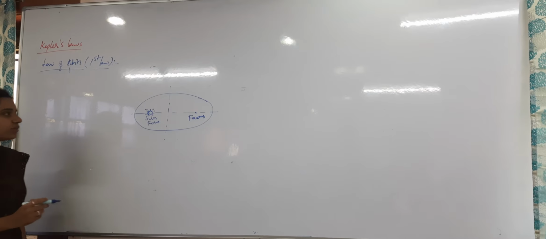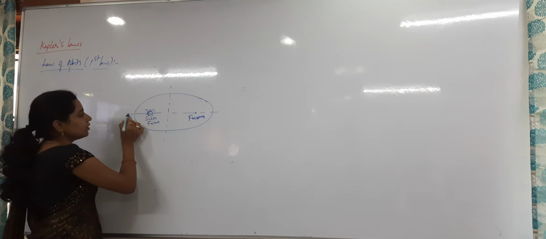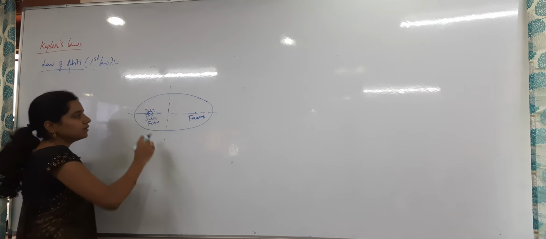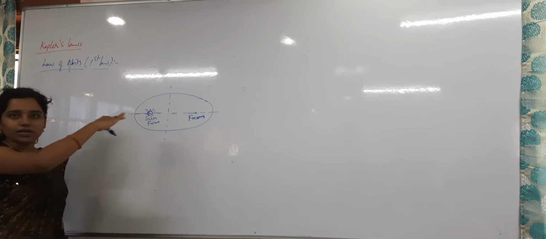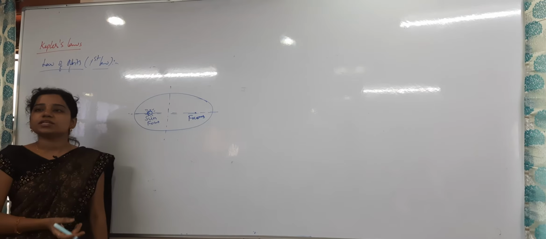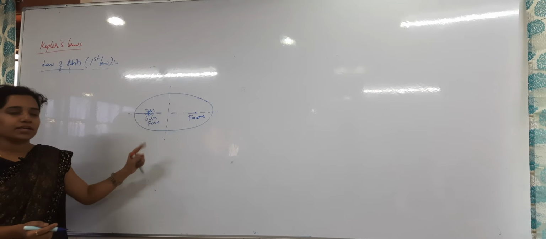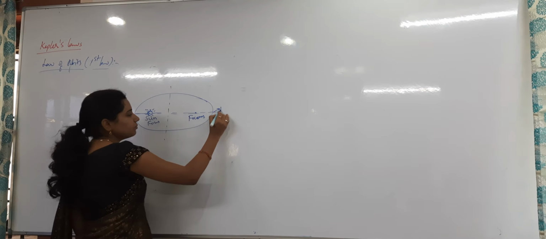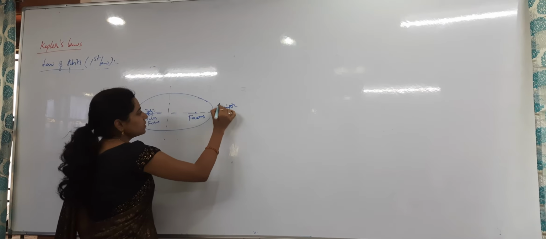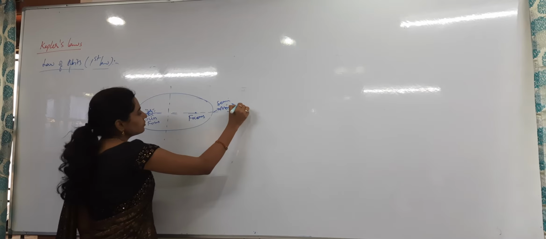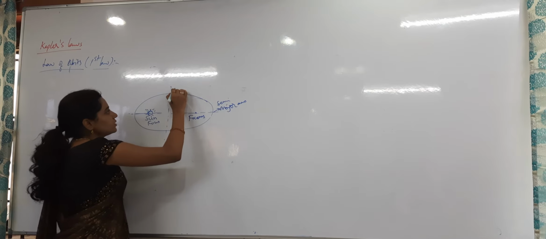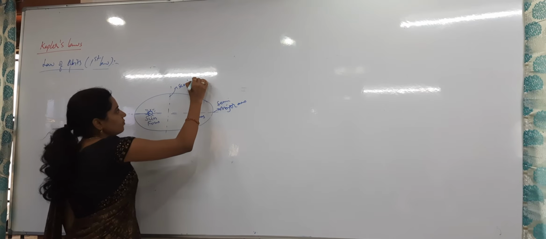And also here one more thing will be there, that is what we call this axis. The longer one, we will take it as the semi-major axis. This one is the major axis, this one is the minor axis. So this is the major axis, semi-major axis, and this is the semi-minor axis.